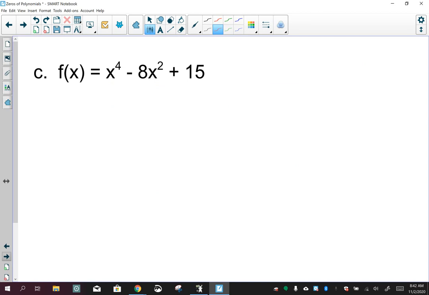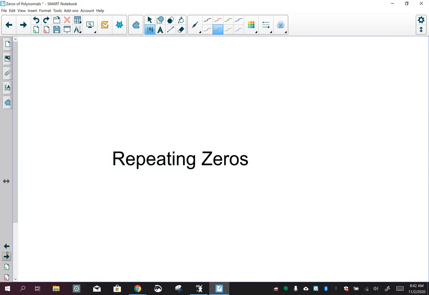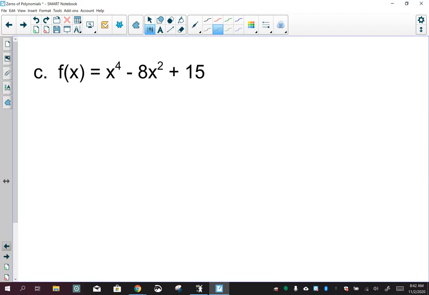x to the 4th minus 8x squared plus 15. So this one here, you need to notice that there's a pattern, and you should have learned this in Algebra 2, so we're going to go over this again. Anytime you see a setup like this where the middle term's exponent is half of your highest exponent, you can use substitution.